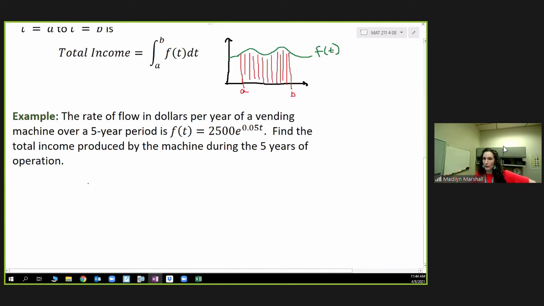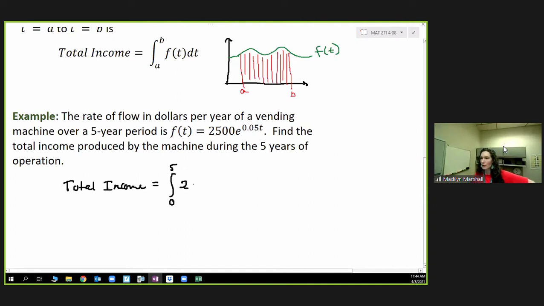So the integral that we're setting up is just going to be just like the formula above. So this is 5 years, so we're going to start at 0 years and go up to 5 years. So that's the operation time of this vending machine.